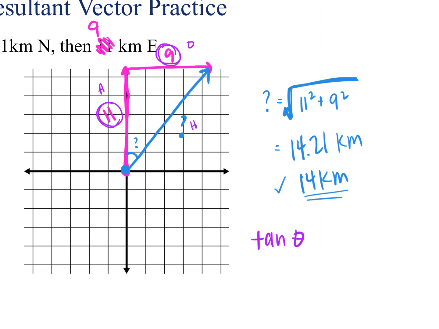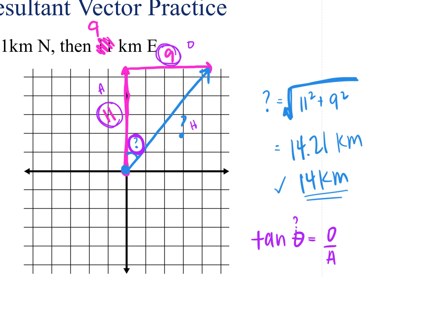Tangent of theta, some angle, is equal to the opposite side over the adjacent side. I have to do something special with my calculator when I'm solving for the angle. Do you remember what that is? Because we don't know theta. Theta is our question mark. I don't just press tangent, I have to press reverse or inverse or second tangent.